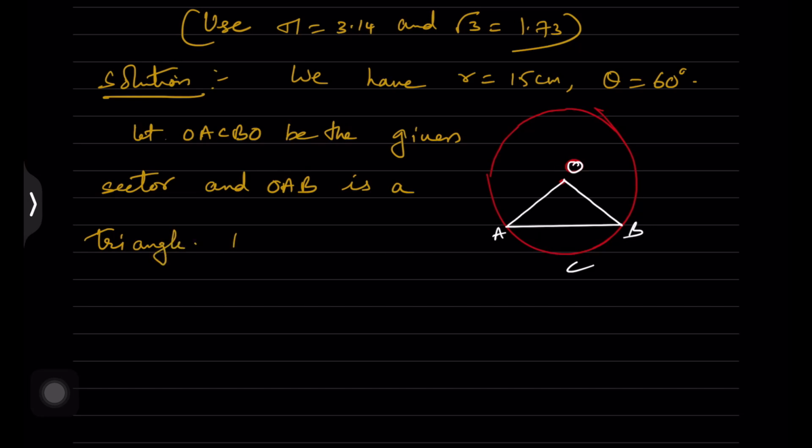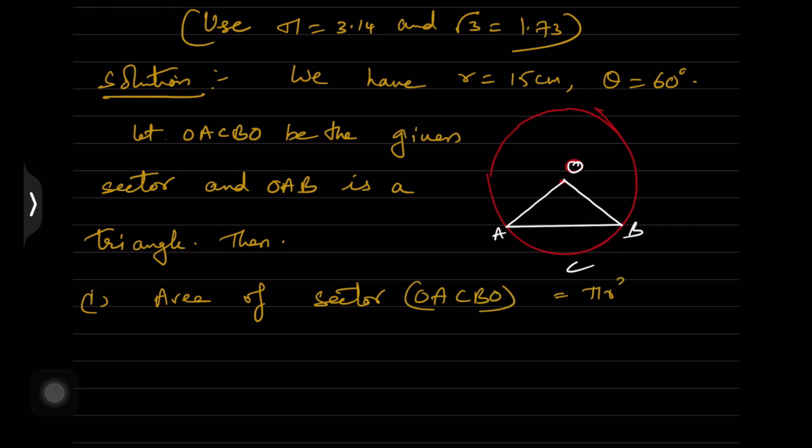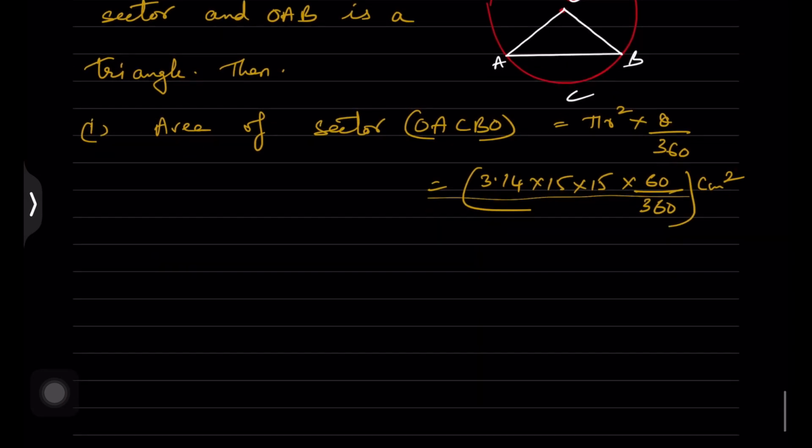Then first area of sector OACBO is equal to pi r square into theta by 360, which is equal to 3.14 into 15 into 15 into 60 by 360 centimeter square, which is equal to 117.75 centimeter square.